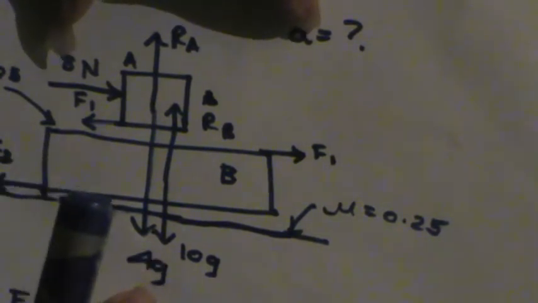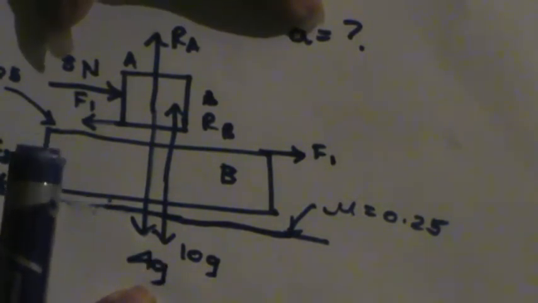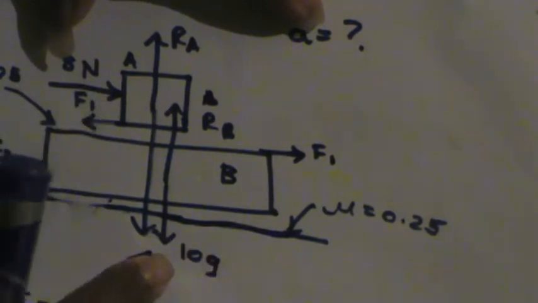I'll take g as 10, so RA is equal to 4 times 10, 40 newtons. The coefficient of friction has been given as 0.25, times R, which is 40. So that is equal to 10 newtons. The frictional force on A, FF1, is 10 newtons.